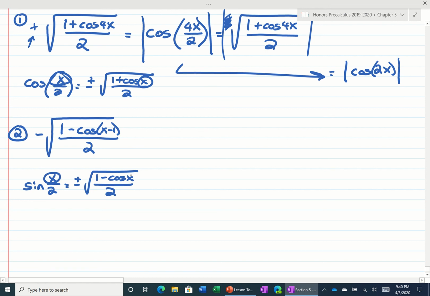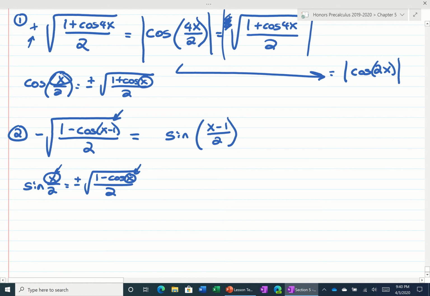And notice this x and this x. So with this formula, instead of being sine of x over 2, if it was x minus 1, then that would be x minus 1. So this would be the sine of x minus 1 over 2.